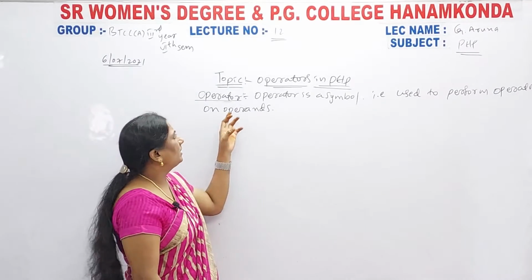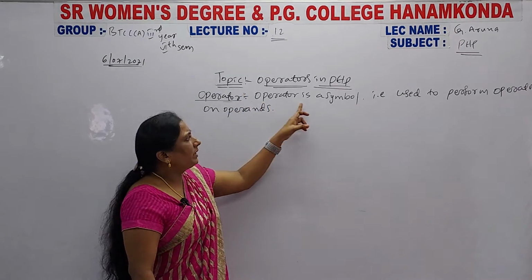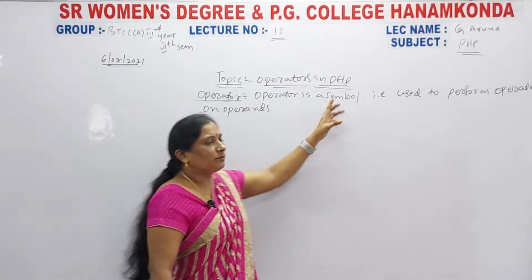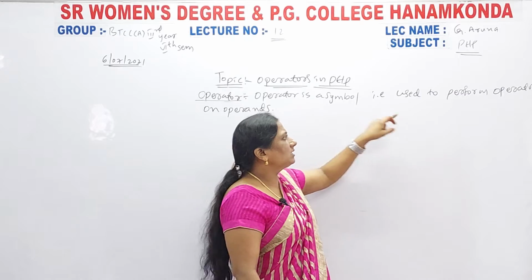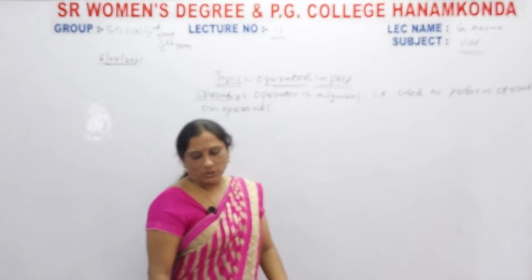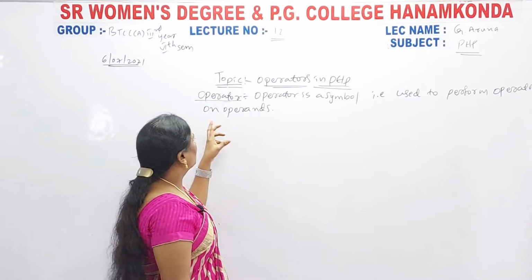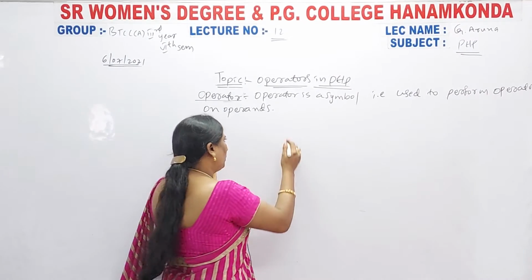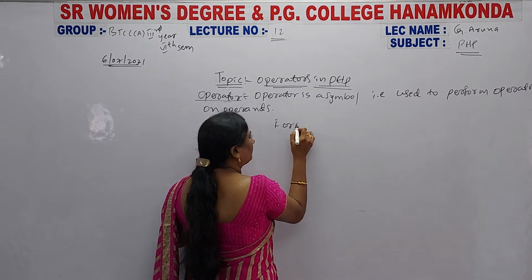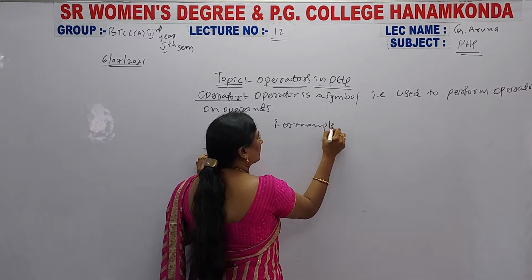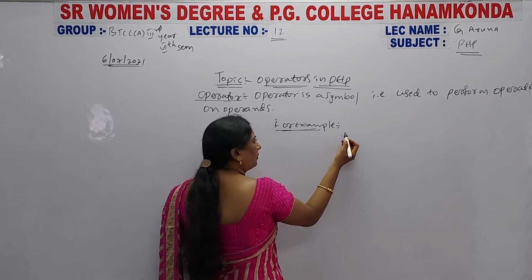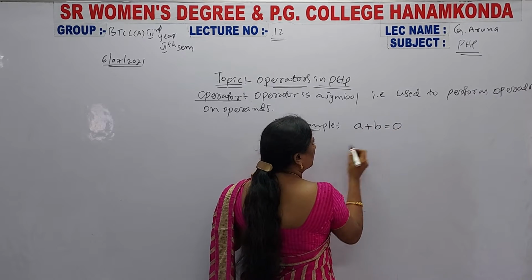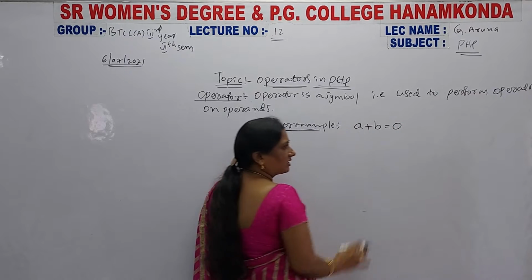Operator is a symbol that is used to perform operations on operands. For example, A plus B is one statement.